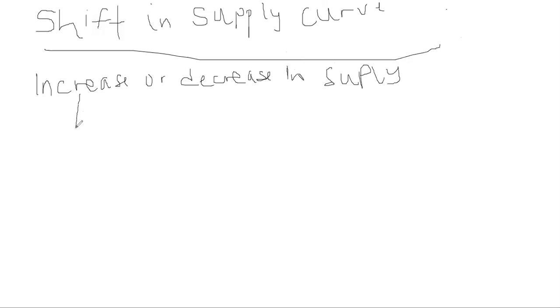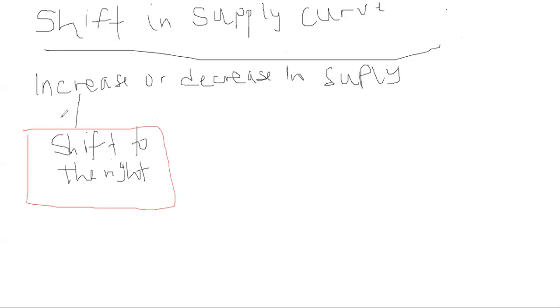An increase means a shift to the right. That is what we mean when we say increase in supply. When we say decrease in supply, what we mean is that the supply curve shifts to the left.